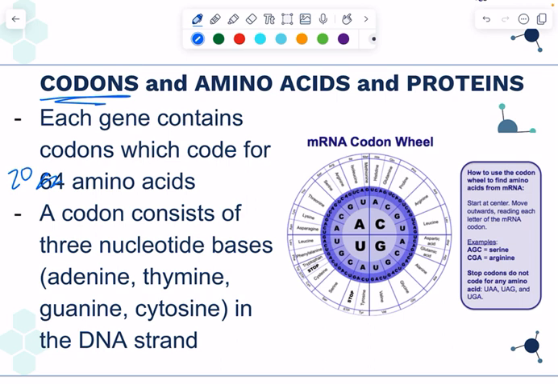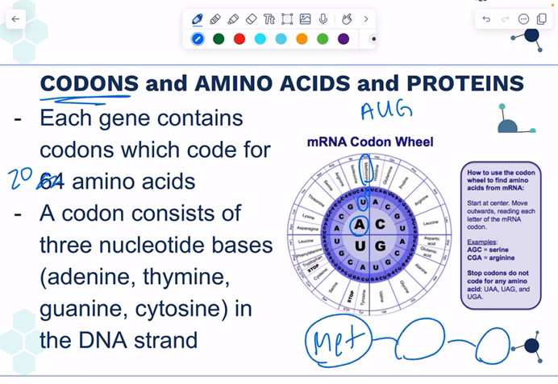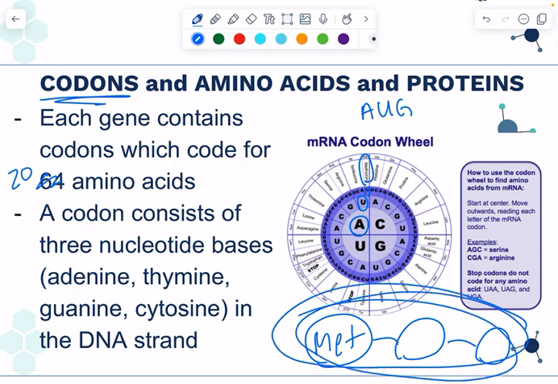So let's say, for example, I have an RNA strand, and the RNA strand has a codon where the bases on the ladder are A, U, G. I would use this codon wheel, go to A, and then U, and then G, and that leads me to this amino acid called methionine. All right, now in the cell, it would add methionine to this chain, and then add another amino acid to it, another amino acid to it, and then once you get the whole thing made, it equals a protein.